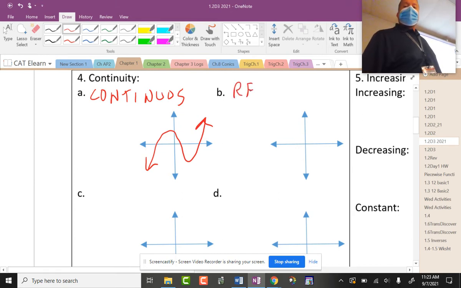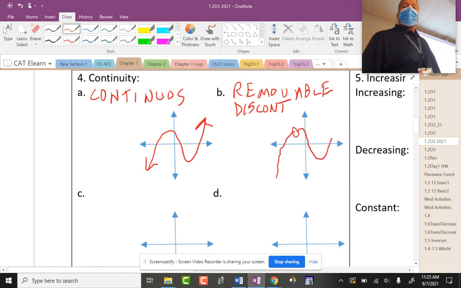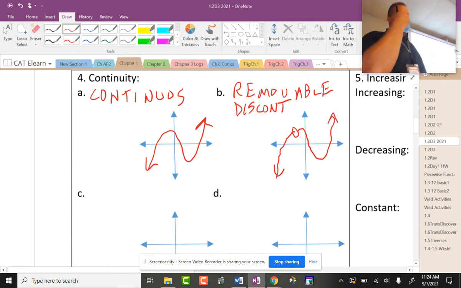Removable discontinuity. I guess I should call these discontinuities. That's very simple. Same graph or similar, but there's a hole there. And you will see that in chapter 2. We will have graphs that have holes in them.